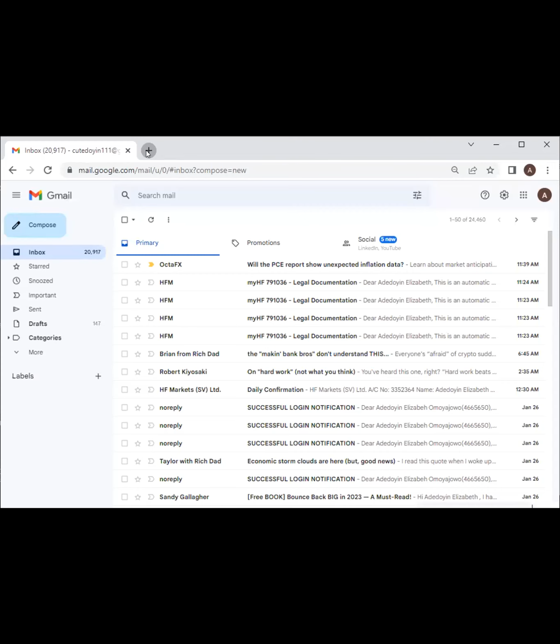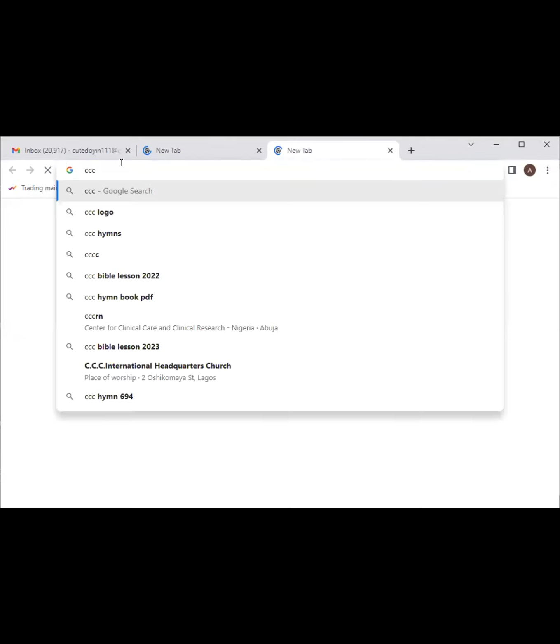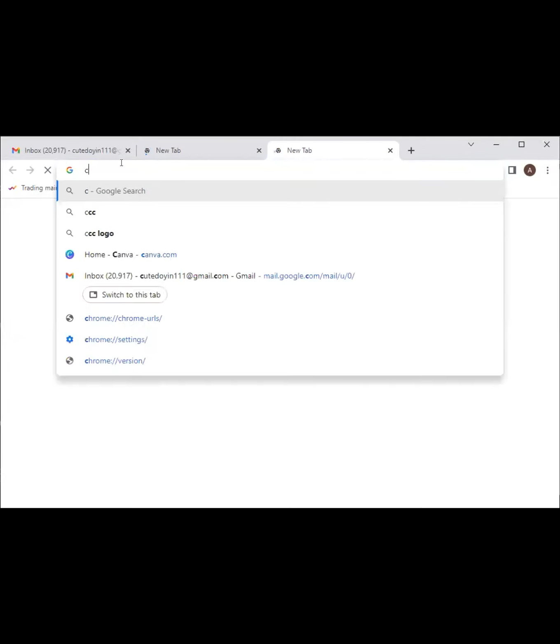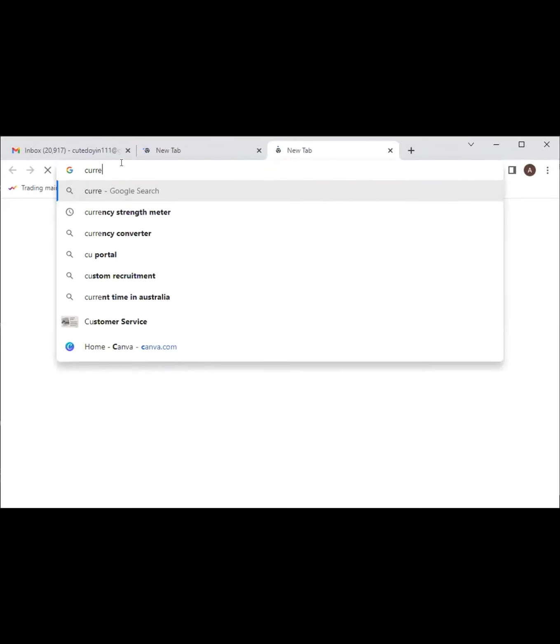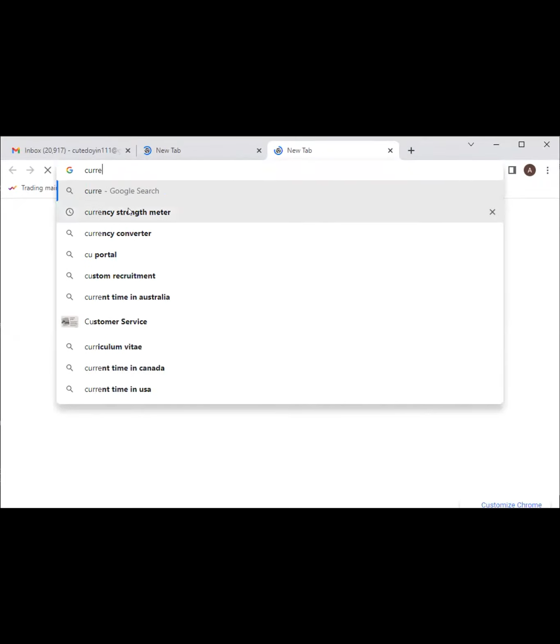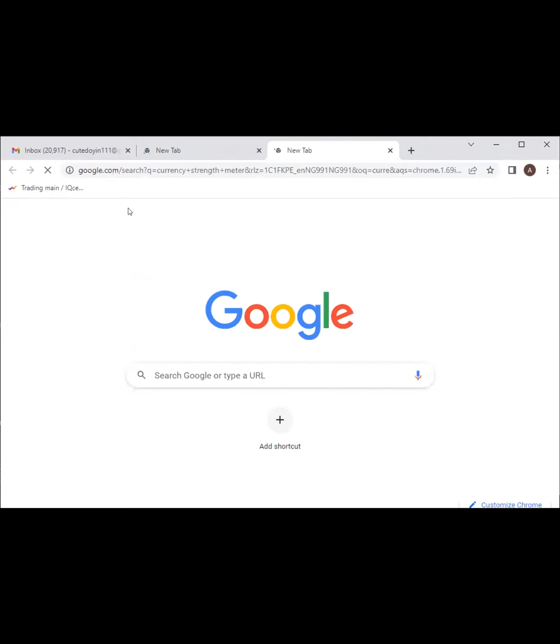Okay, what it means is you go on your browser and just type, what I do mostly, I just put currency strength. The browser will suggest different options. Once I type currency strength, I click on that.